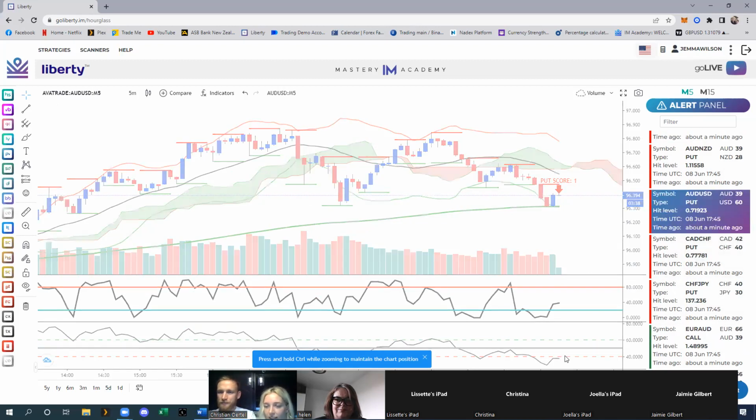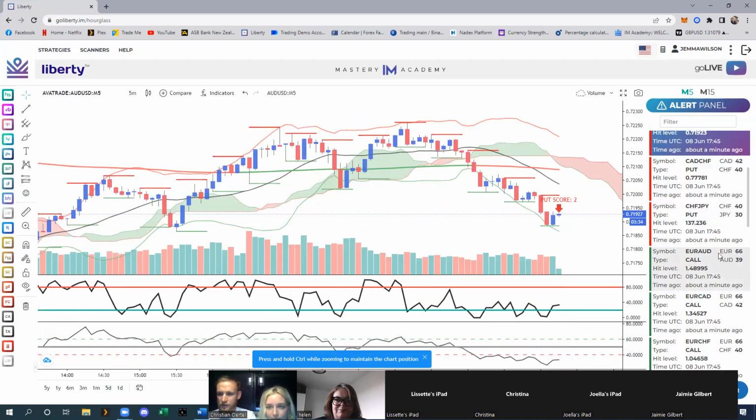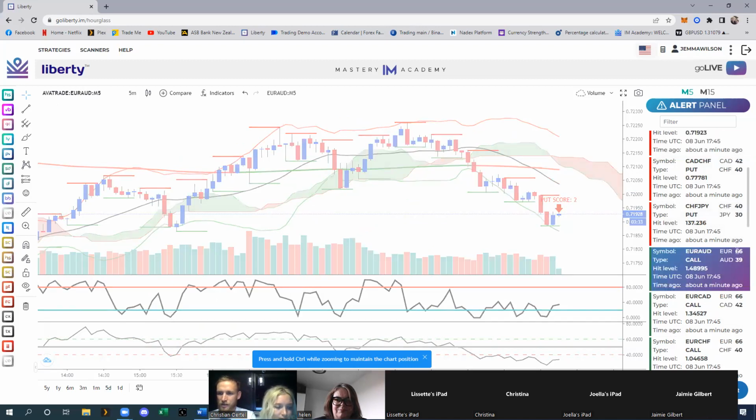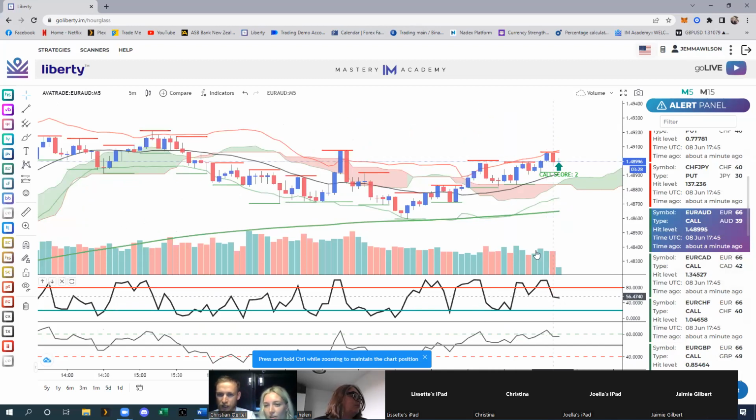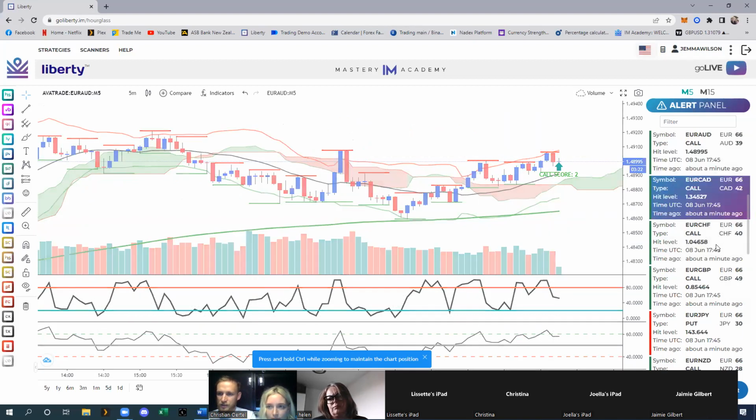Okay, let's see if I can find another one. It's not that one, not that one. So remember, just looking for currency strength spread, and then straight away my eye goes to the EMA and the stochastic RSI.